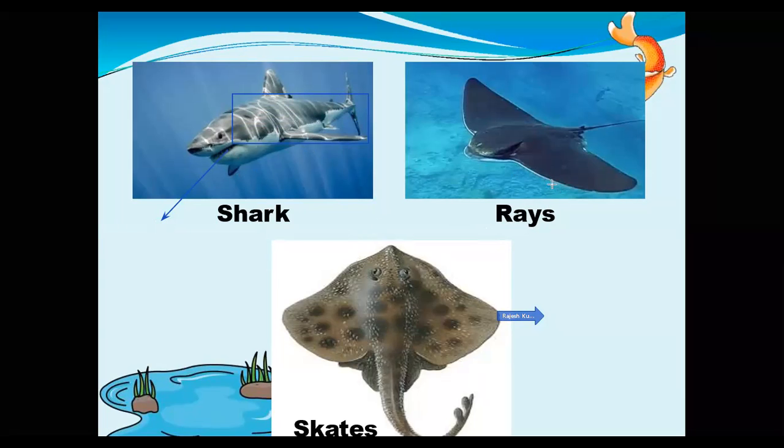One is the ray. Look here, the ray. This is also a fish. It also has an upper and lower movable jaw that can move up and down. And here is another, skates. Skate is also a type of fish found in the ocean. It is also a very strong fish. These are a few examples of cartilaginous fishes.